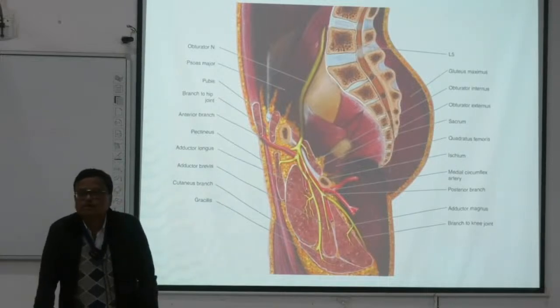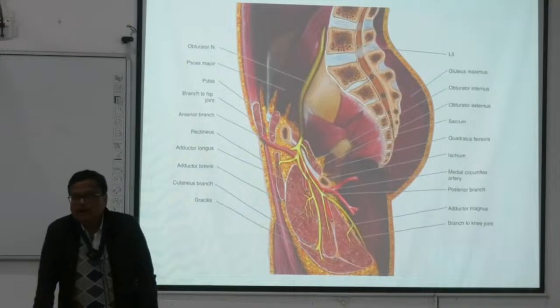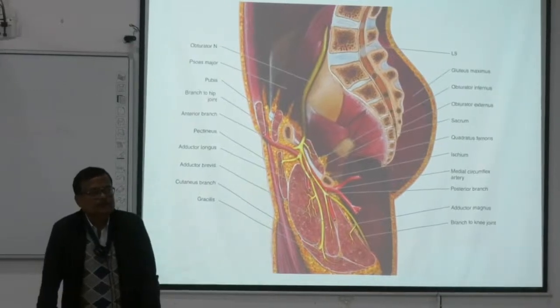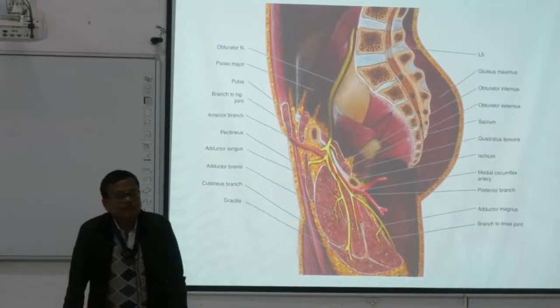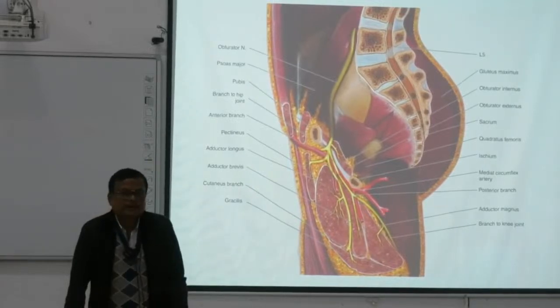So pectineus has got a dual supply, both by the femoral nerve and the obturator nerve. So pectineus is a hybrid muscle, both supplied by the femoral nerve and the obturator nerve.